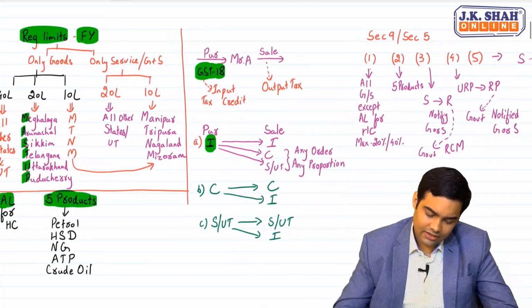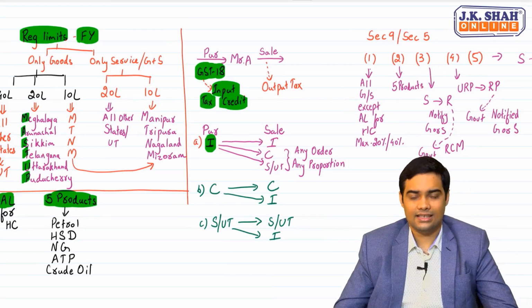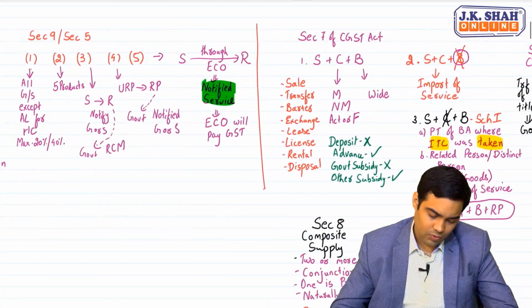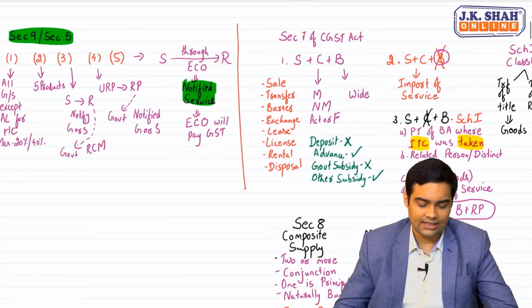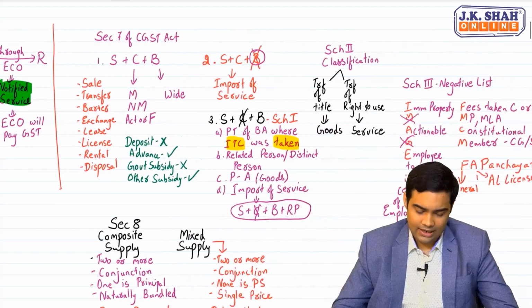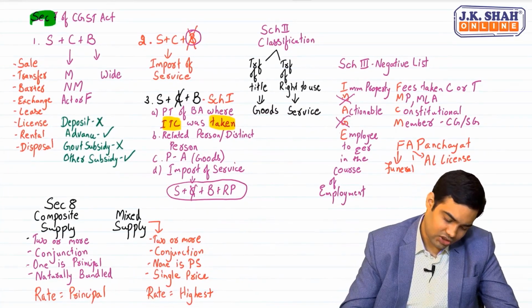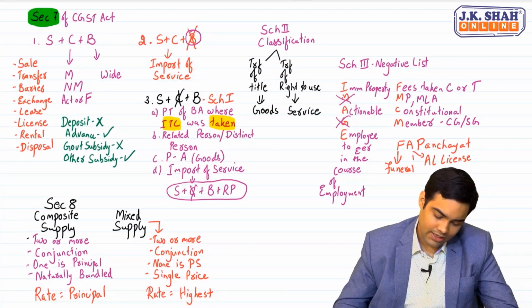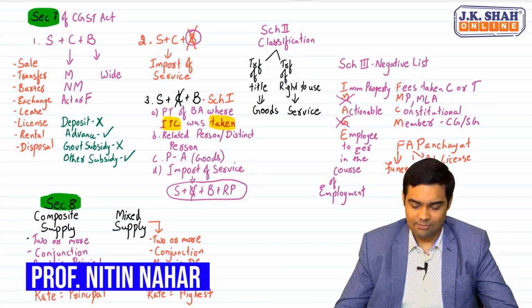Then we entered into utilization of ITC. What is the method of utilizing ITC? Then we move towards charging section, that is section 9 of CGST Act and section 5 of IGST Act. And finally, we concluded with section 7, that is scope of supply, and section 8, composite and mixed supply.